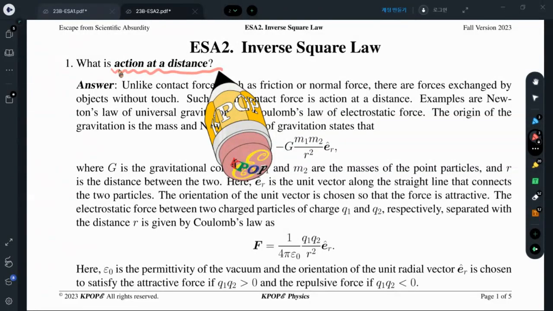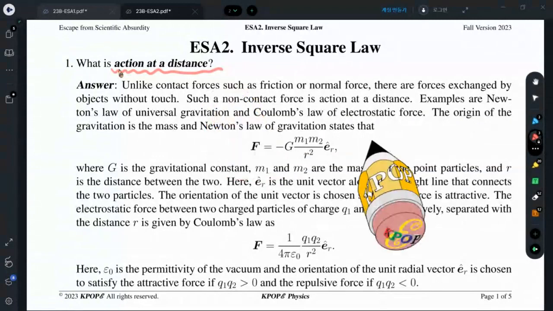In addition, any atom traps electrons. Okay? The nucleus has many protons, it has a positive charge, and electrons are negatively charged. The electrons are trapped to the nucleus, and that makes atoms.